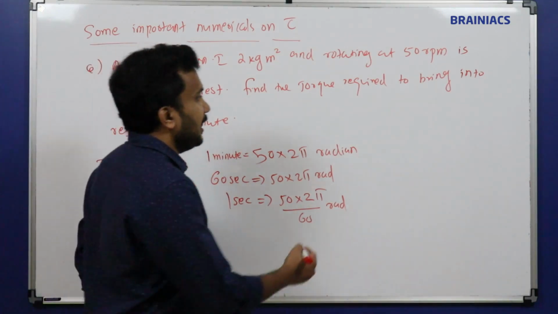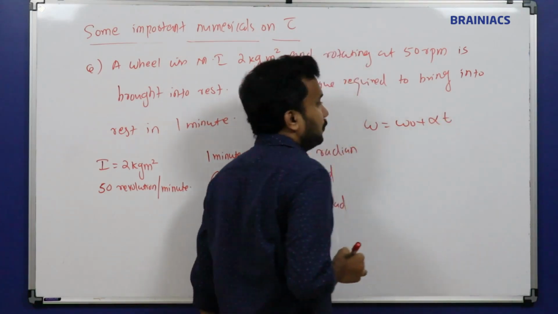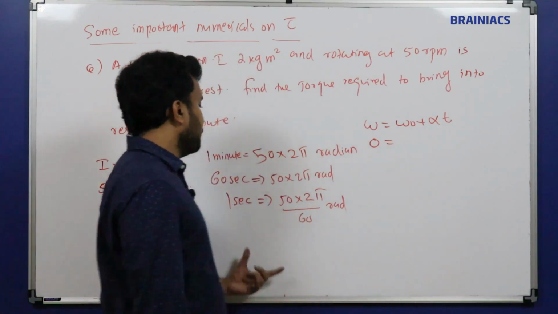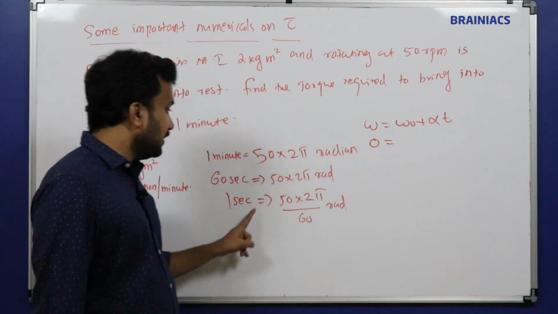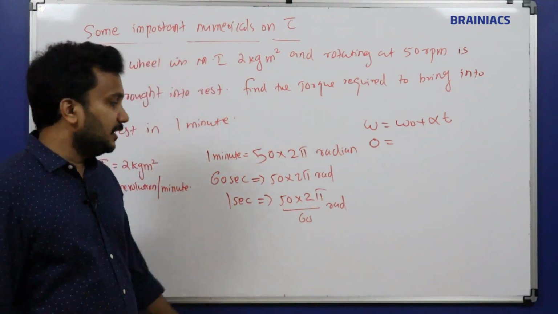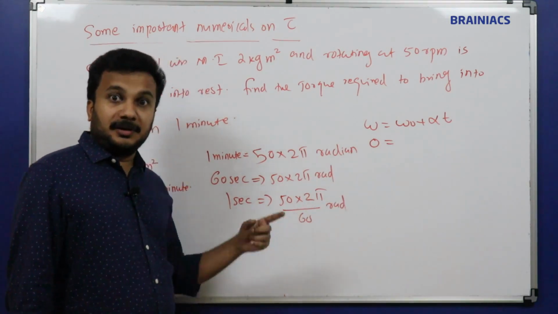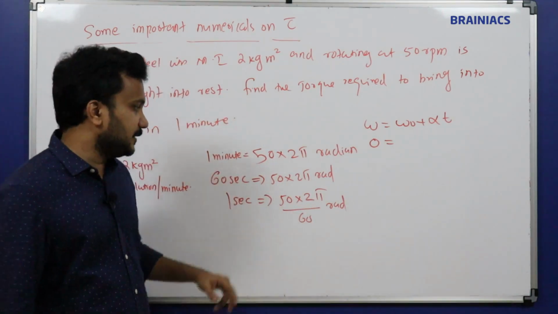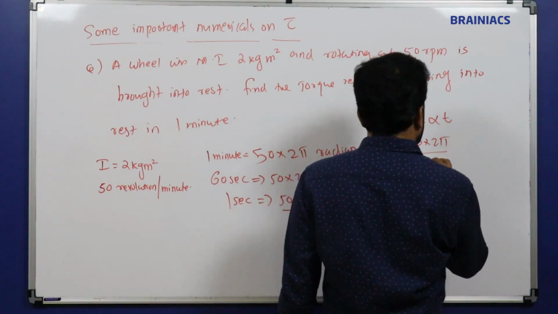We have the motion equation omega is equal to omega 0 plus alpha t, like v is equal to u plus at. Omega is the final velocity, which is 0. Omega 0 is the initial one, in radians per second, which is 50 into 2 pi divided by 60.